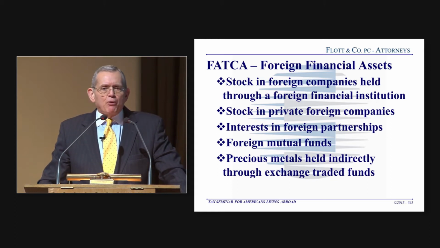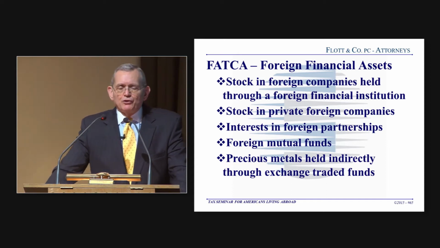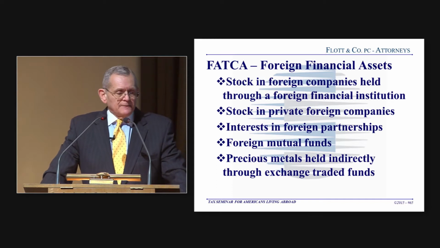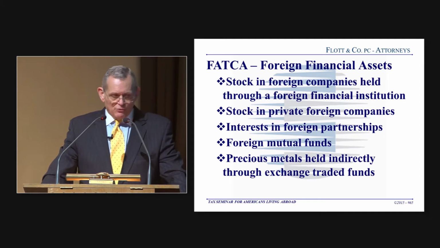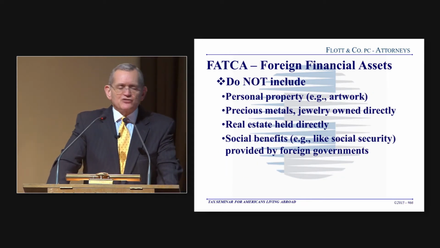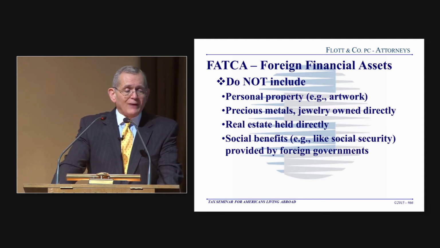You're a 40% partner in that partnership. You have to report the value of your 40% interest in the OE on your 8938. The value of foreign mutual funds, and probably not a big item on your list, precious metals held indirectly through exchange-traded funds. Foreign financial assets do not include personal property such as artwork, precious metals, jewelry, or real estate held directly.